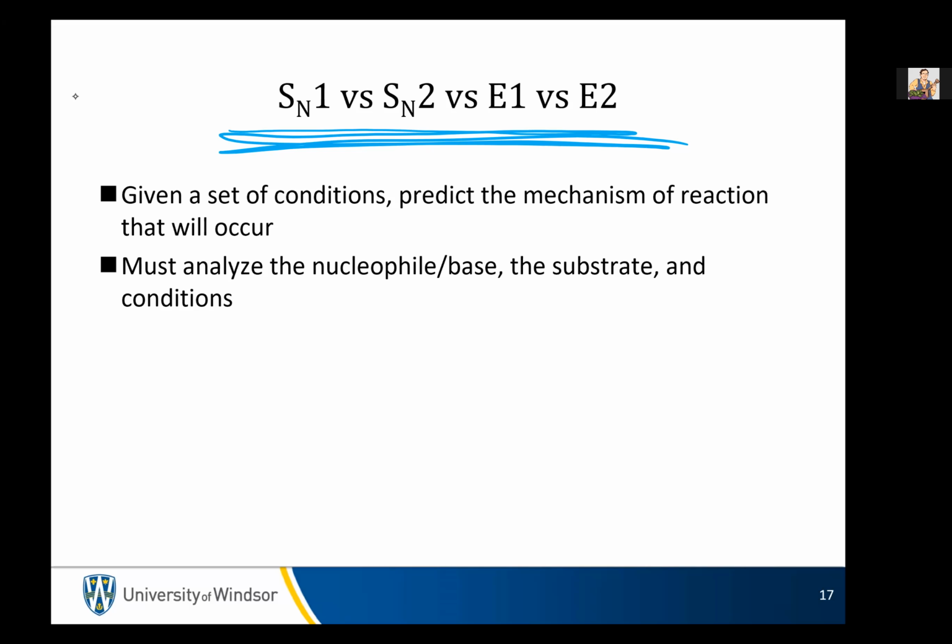But I really, really want to think about the competition between these four reactions. If you haven't already, I really recommend that you read. I think this is the first time I'm giving a specific reading that I'm recommending. I strongly recommend you read section 12.5 in the textbook and 12.6. This is on differentiating between elimination reactions and nucleophilic substitutions.